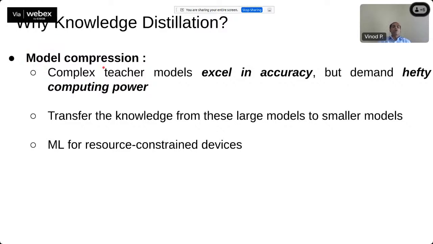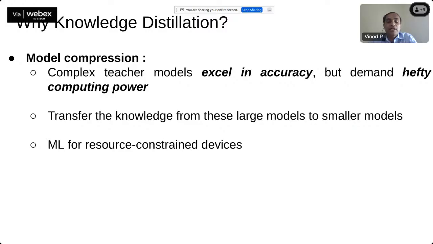The advantage is that we can create a small model, called a student model, having the same accuracy as the teacher model, which, if we have to use the teacher model, requires enough computational power. So the knowledge of the teacher model is transferred to the student model.